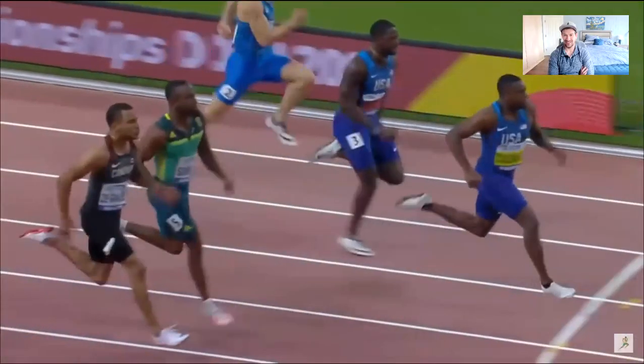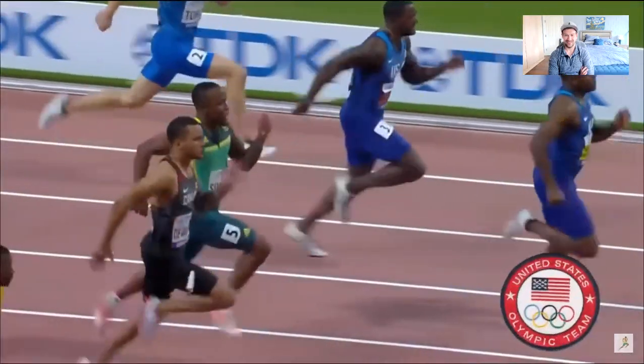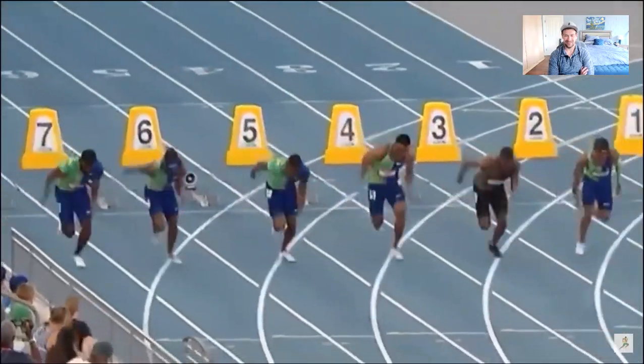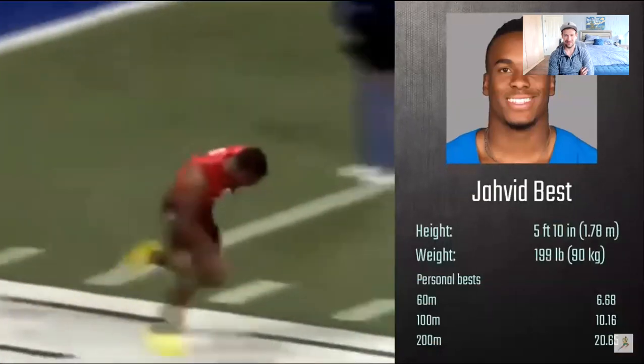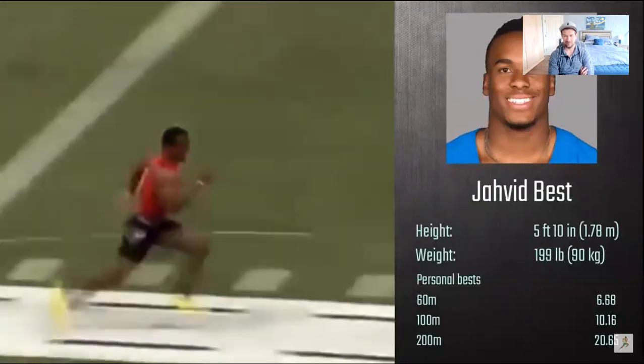However, given the current strength of American sprinting, it takes more than talent to get on the U.S. Olympic team. As trivial as it seems, one should be a top world-class sprinter. Interestingly, Jahvid Best, former Lions cornerback, became the first NFL player to participate in the Summer Olympics.